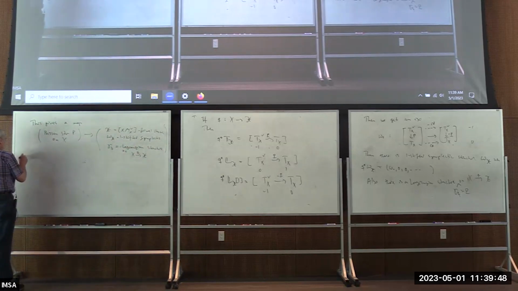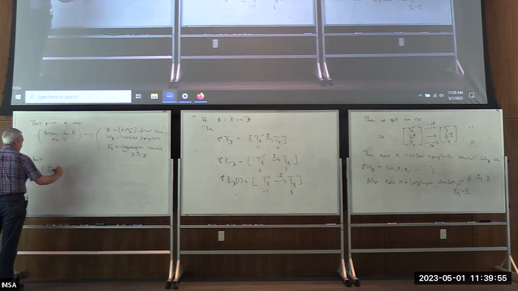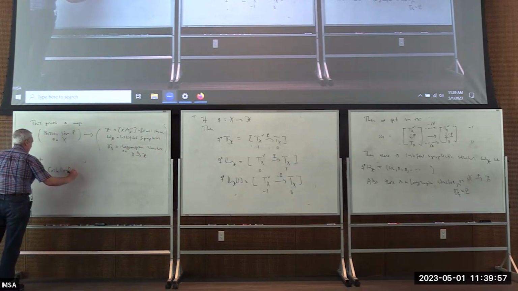But there is a theorem which is due to Costello and Rozenblyum.